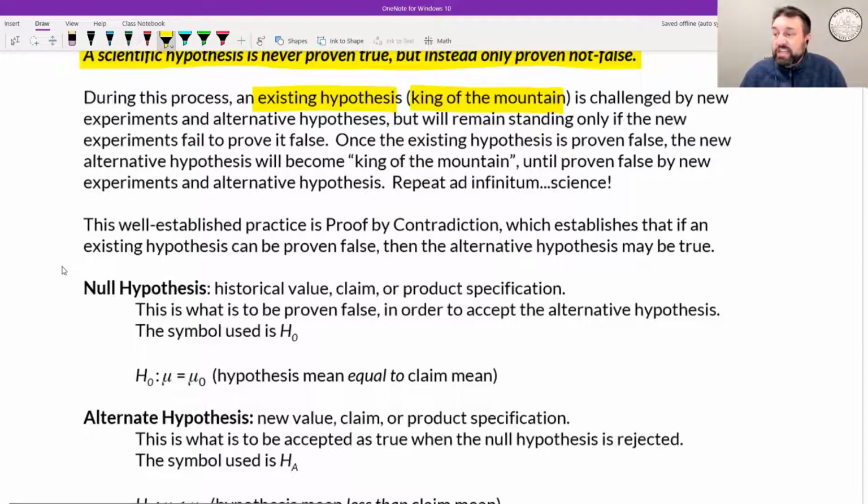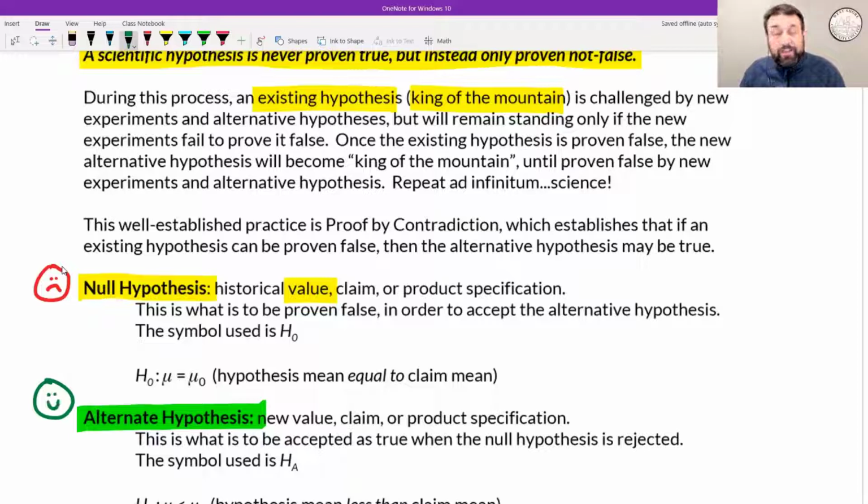And the existing king on the mountain is called the null hypothesis. This is the historical value, the existing accepted claim. This is what we are hoping to prove false. We don't like the null hypothesis. We don't like the existing king on the mountain. What we would like to do is push the null hypothesis off the mountain and replace it with our alternative hypothesis.